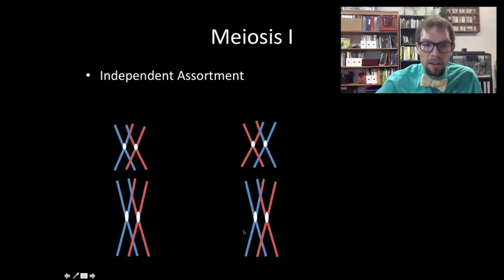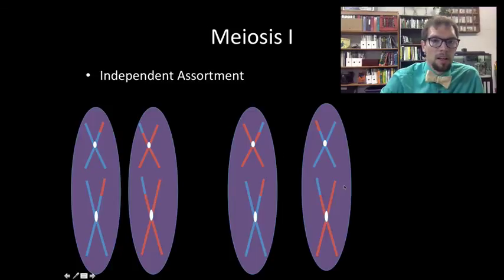Another possibility for how they could align is that the paternal chromosome and the maternal chromosome of a different homologous pair could line up on one side, and then you'd have the opposite on the other, and so this would produce different cells as well.